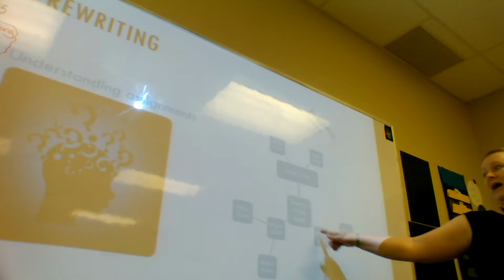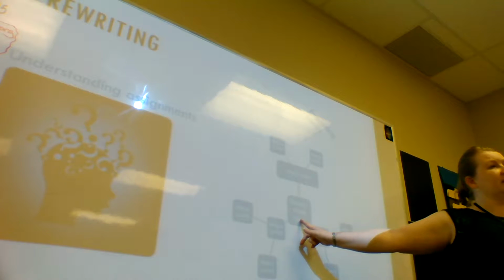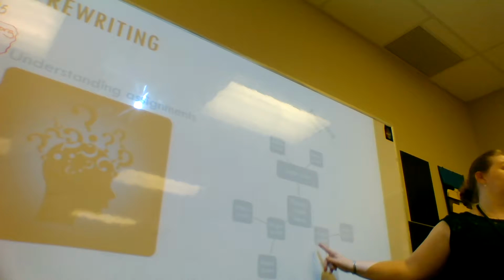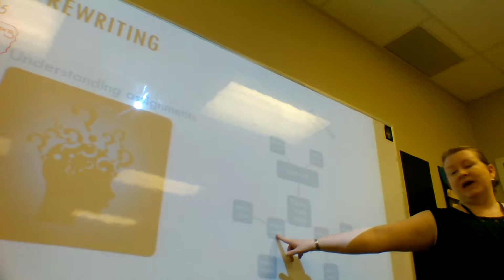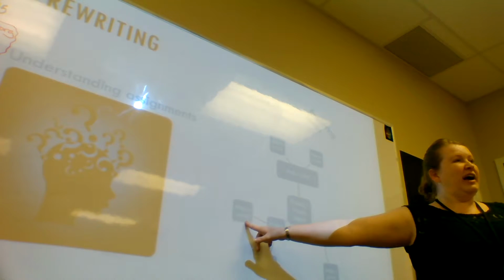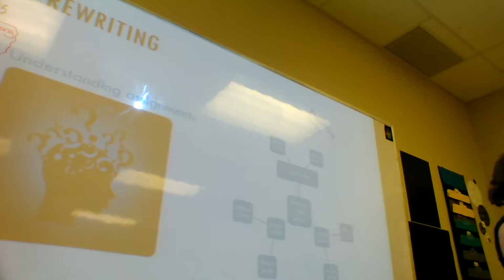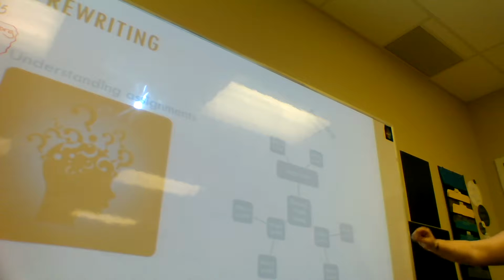So if my main idea here in the center was something about my kids, then I would have to add some more in. But I may have one about Coy, and he's a runner, and he's a giant. And then I have one about May, and I start to explain some qualities and characteristics of her. So this is just a way for you to get those out in a visual way. So it's definitely more visual than just making a list.